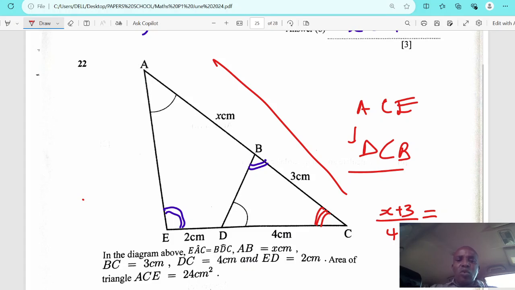We have 2 plus 4, that's triangle AEC, that's 6, over the side corresponding to EC, which is BC, which is 3.